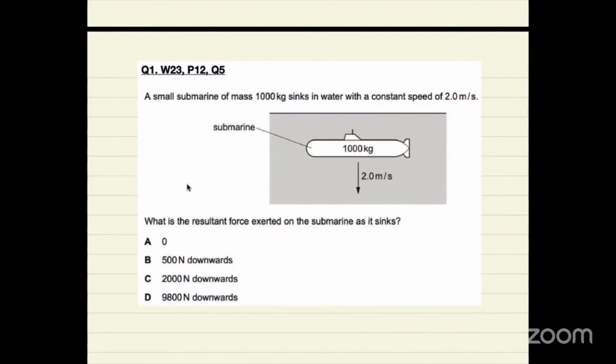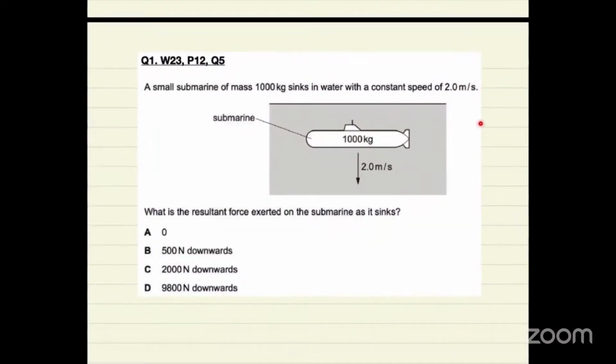A small submarine of mass 1000 kg sinks in water with a constant speed of 2 meters per second. What is the resultant force exerted on the submarine as it sinks? That's what this question says. All right. Now, because this is sinking with a constant speed, what do you think the resultant force would be?